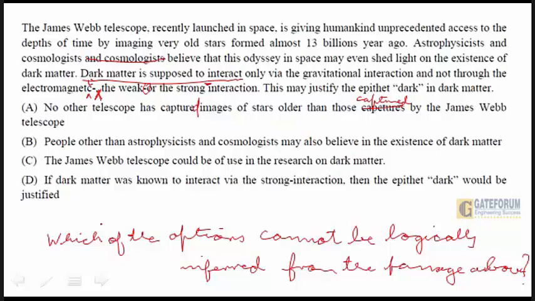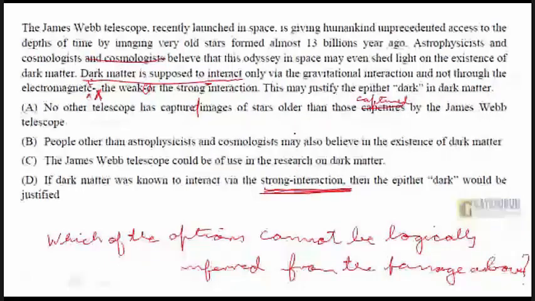Now, the last one. If dark matter was known to interact via the strong interaction, then the epithet dark would be justified. Well, if dark matter was known to interact via the strong interaction, so I presume it meant the electromagnetic strong interaction, right? Because regarding gravitational, there is no strong or weak gravity mentioned there. So if dark matter was known to interact via the strong interaction, then the epithet dark would be justified.